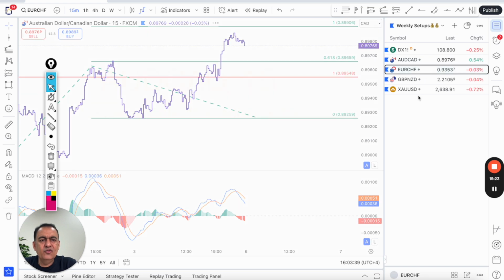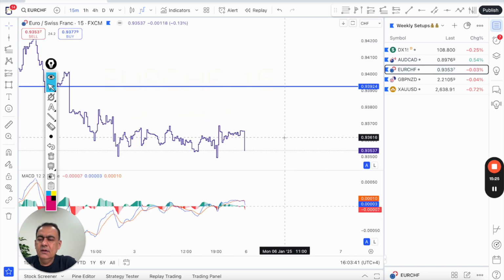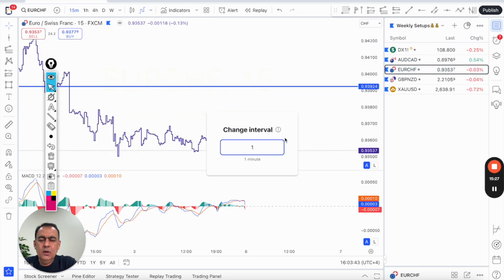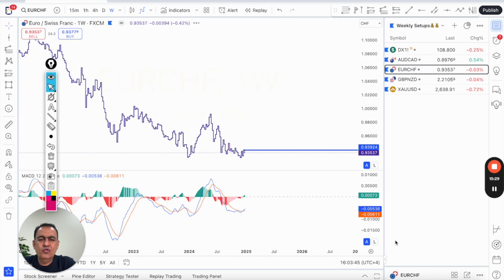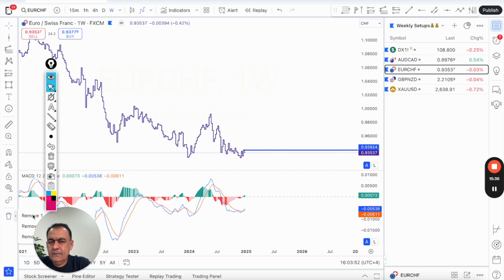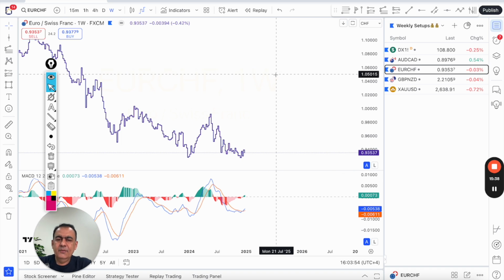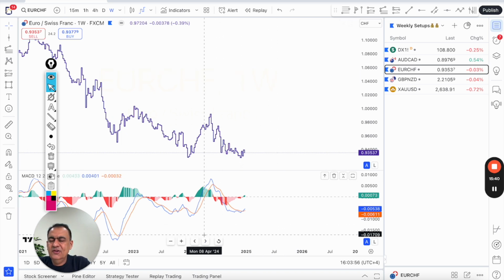The next instrument is Euro versus Swiss franc, and this is looking extremely bearish to me. I'll go through the setup in a while. Give me a second. Okay, so currently I'm on the weekly chart.